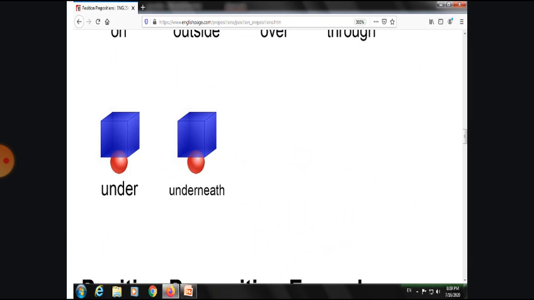I am presenting again some examples. The boxes are under the table. This is one example. Another example, a river flows under a bridge. This is another example. So in these two examples, you can see under as a preposition is used.